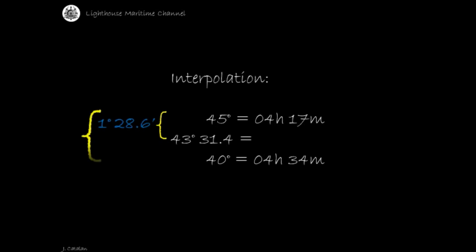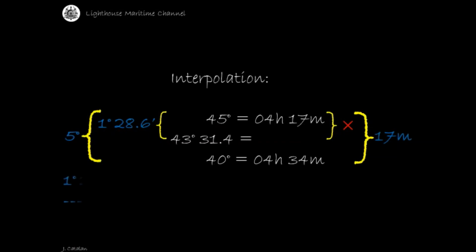The difference between 45 degrees and 40 degrees is equal to 5 degrees. The difference between 04 hours and the unknown value is equal to x. The difference between 04 hours and 17 minutes and 04 hours and 34 minutes is equal to 17 minutes.